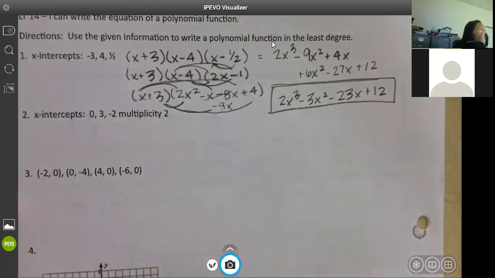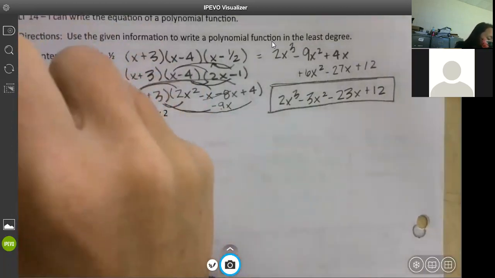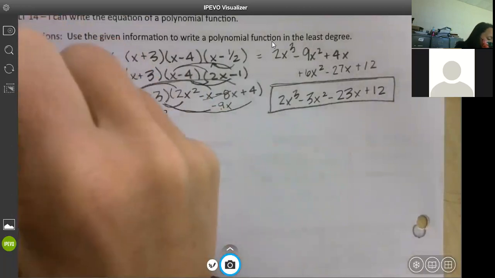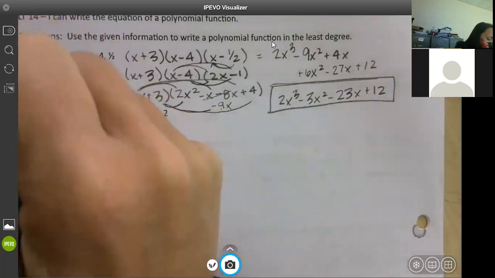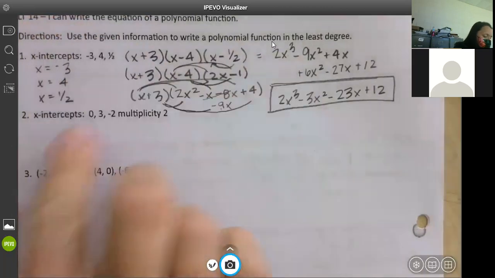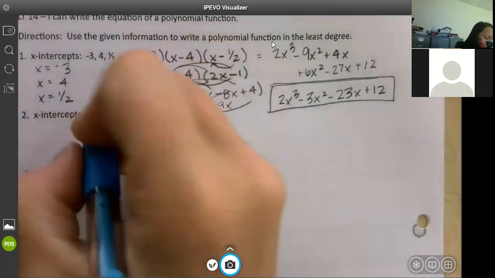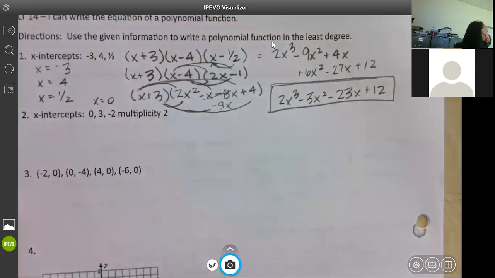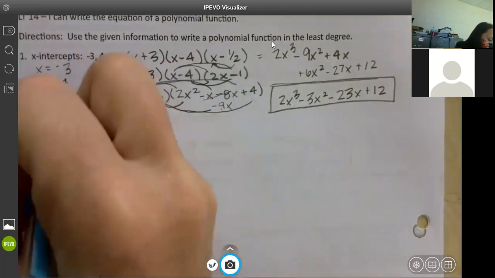Think about it. Remember our factors like this are x equals negative 3, x equals 4, and x equals 1/2. So what would this one be? X equals 0. So we don't have a plus or minus 0, so our only factor would be x. Did everybody see that? So anytime you see a 0, you're just putting the variable x.